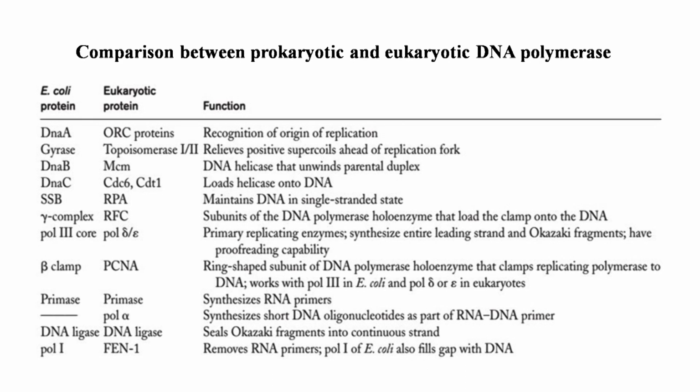Proteins which have the same function in prokaryotic and eukaryotic replication have different names, like DnaA protein in prokaryotes and ORC protein in eukaryotes, having the same function, that is recognition of the origin of replication. In the last slide, you can read the difference between prokaryotic and eukaryotic replication. You will get a complete idea of this slide after eukaryotic DNA replication.